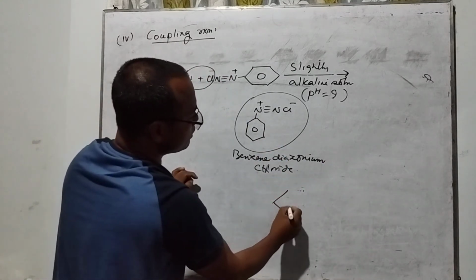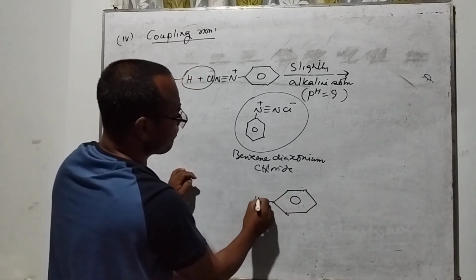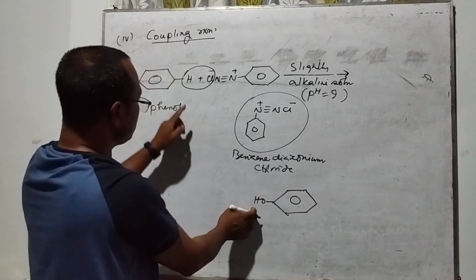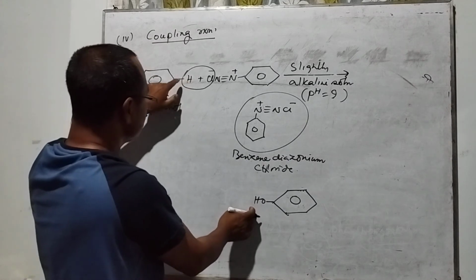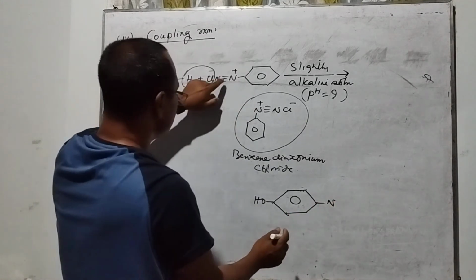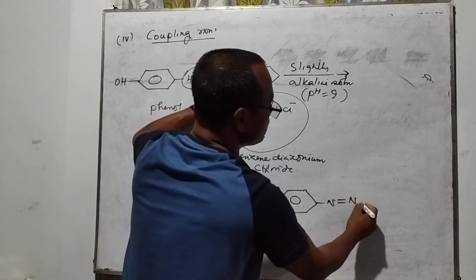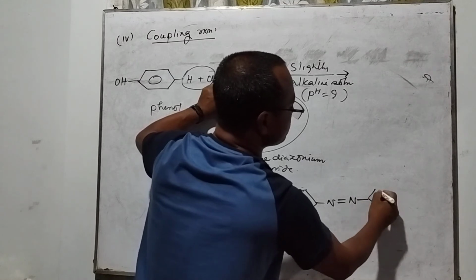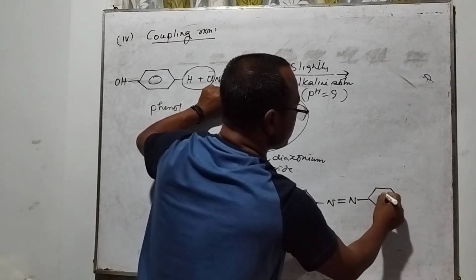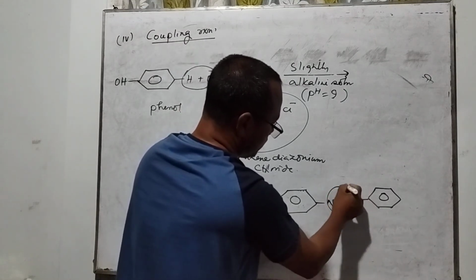Let me write the product here. This is our phenol part. This hydrogen we remove, right? So this remaining part is joined with the nitrogen, and this triple bond now becomes a double bond, and then a single bond, and it forms the benzene ring here.